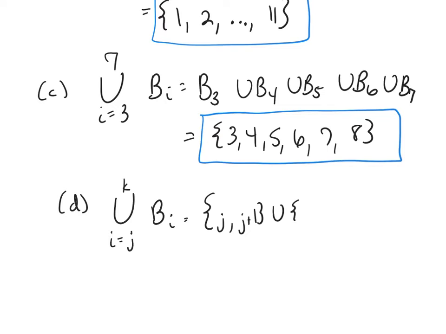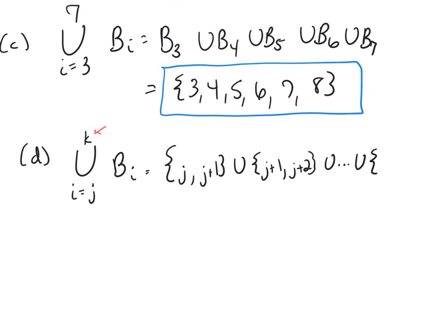The next one, {j plus 1, j plus 2}. And then you keep going till you get to your final set. Look at your upper index here, k. So this stops at the last set, {k, k plus 1}. And what do I get when I take this union? It'll be j, j plus 1, all the way up through k plus 1.